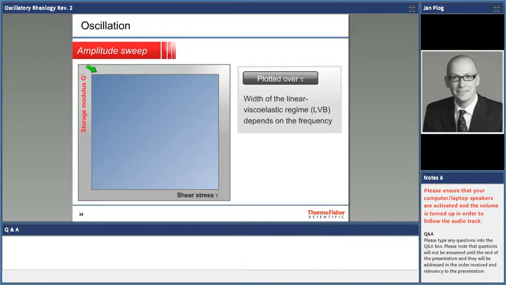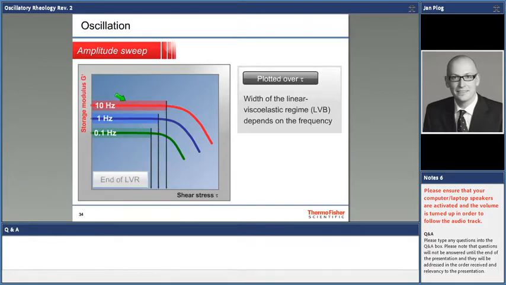For every kind of sample, you're going to find a behavior like this: you have an area where the modulus itself is no function of the applied stress, and we call this linear viscoelastic. And then at one point or another, speed dependent, I'm going to talk about this in a second, this linear regime is left. The modulus becomes a function of the applied stress, and we call that nonlinear behavior.